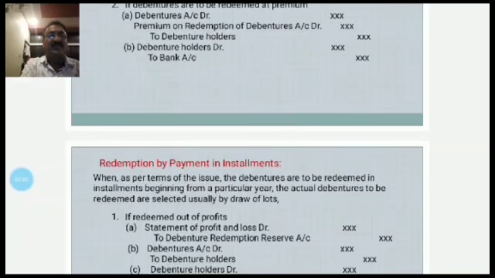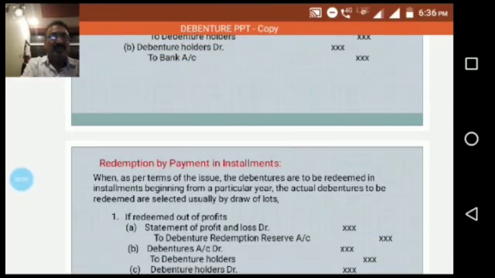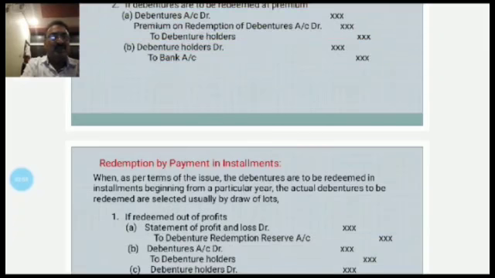When as per the terms of the issue, the debentures are to be redeemed in installments beginning from a particular year, the actual debentures to be redeemed are selected usually by draw of lots.